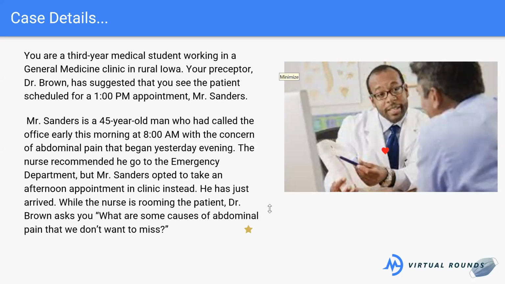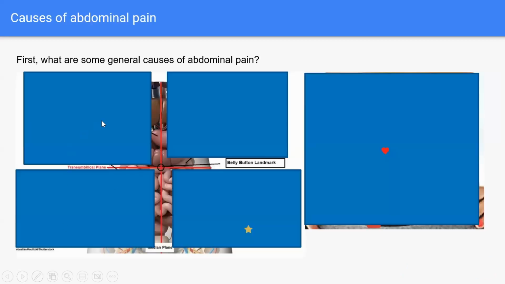Let's go to the next slide, general causes of abdominal pain. When we think about the abdomen, there's actually 9 quadrants essentially that you can think about, but I've just got 4 here on this image. So let's start with the right upper quadrant. What are some of the organs that are in this quadrant?